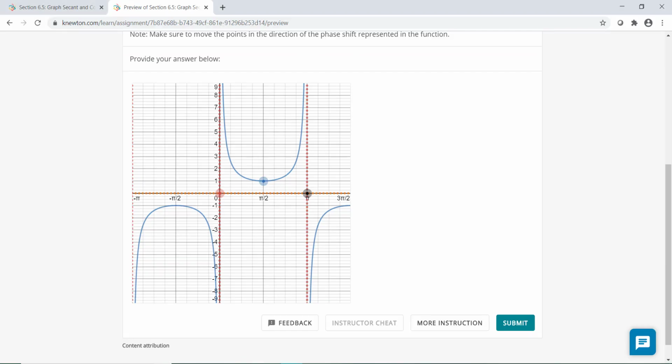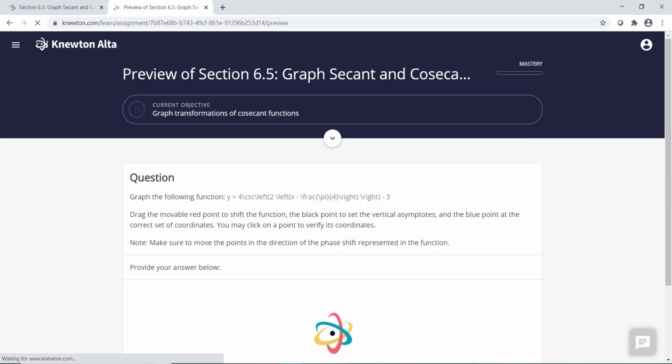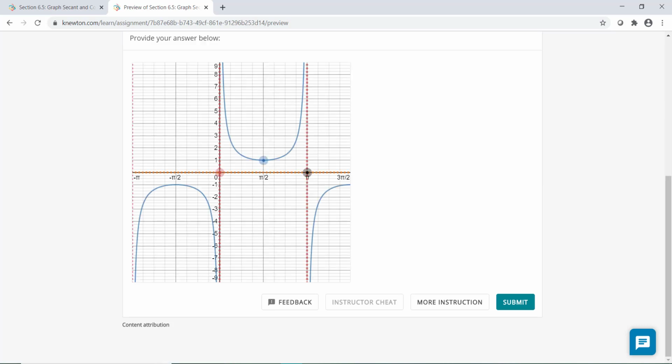Going to Knewton, I figured out that if you move this stuff around and you don't remember where you started, if you hit the refresh, it'll take you back to the original graph. That was awesome.